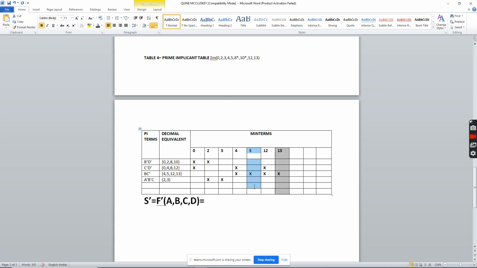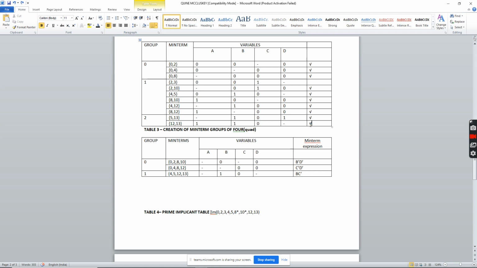One PI column, one more PI column. EPI cells, I am sorry. These are EPI cells. Right. So now we'll try finding a solution where I can cover all of the min terms in an efficient way. I'll try grouping. So this is one PI. This is covering how many cells? It is covering 4, 5, 12, 13.